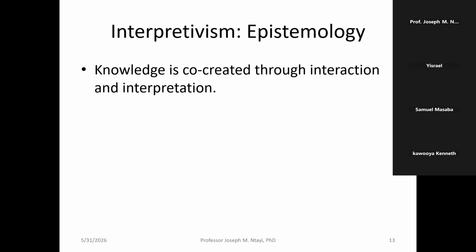So in other words, knowledge is socially constructed, as I said, but it is co-created through what we call interaction and interpretation. So the experience of the researcher in this case means a lot, right? Knowledge will emerge through interaction between the researchers and the participants. That's why you have the social construction element coming in there.